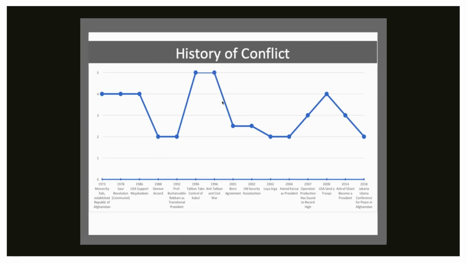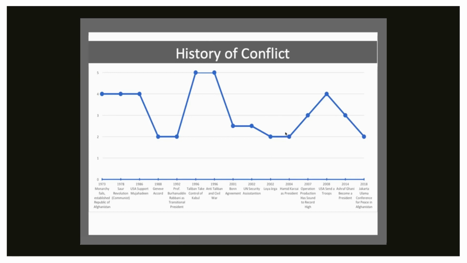And then there was the Bonn Agreement in 2001, with UN Security assistance. The Loya Jirga was created. It looks like the parliament in Afghanistan, and Hamid Karzai became the president.